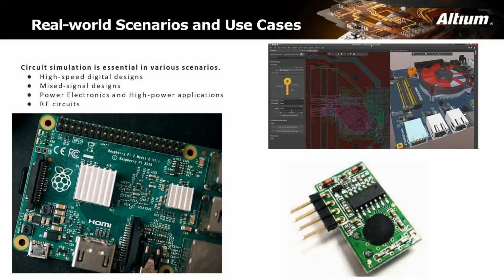As you can see, circuit simulation is essential across a wide range of applications in high-speed digital, mixed signal, power electronics, and RF designs. By incorporating simulation into your design, you can identify potential issues, optimize performance, and increase the reliability of the product.